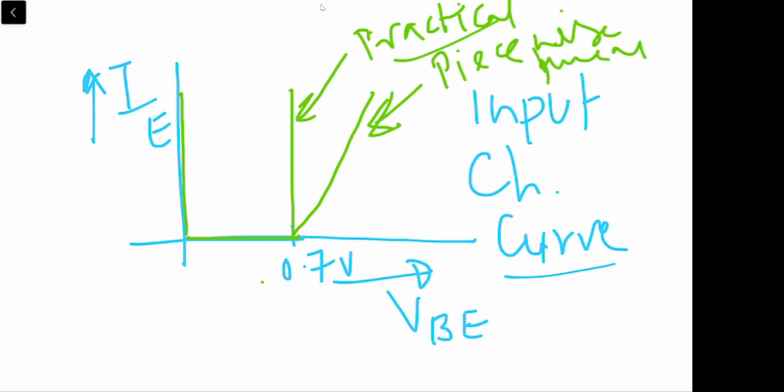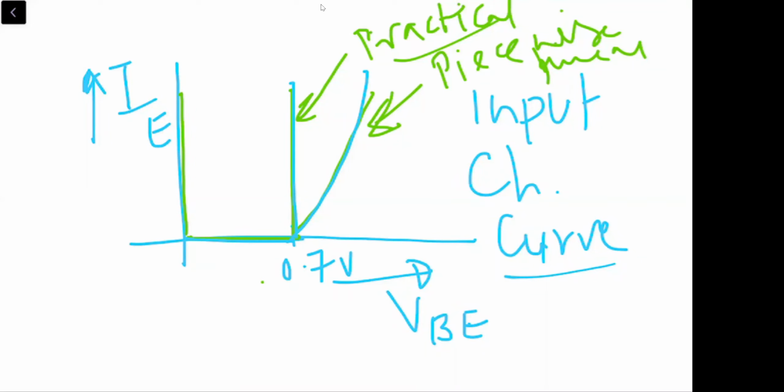So this means the input characteristic curve before 0.7 volts will be somewhere here, and after 0.7 volts, it will be behaving something like this. Are you with me? Or if we consider it as more of the actual one, it will be something like this, right? So this will be our input characteristic curve, which is between the input current IE and the input voltage VBE, right?